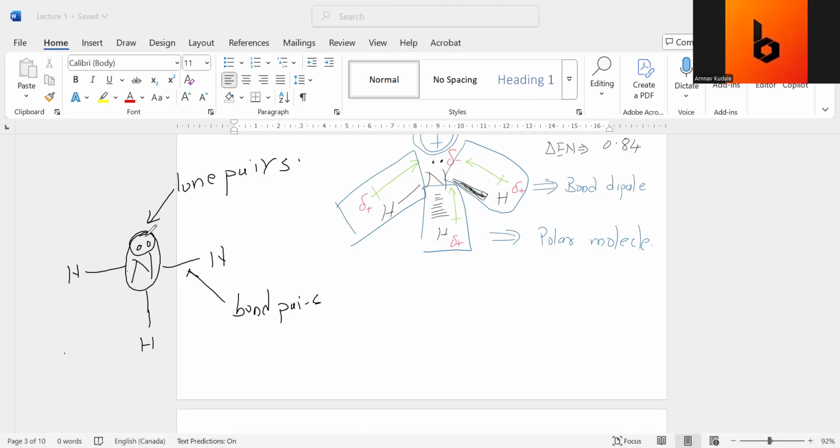Now, because the lone pair is very close to the central atom, it repels the bond pairs, because these are negatively charged, these are negatively charged, these are negatively charged, and these are negatively charged. So because of that, what happens?